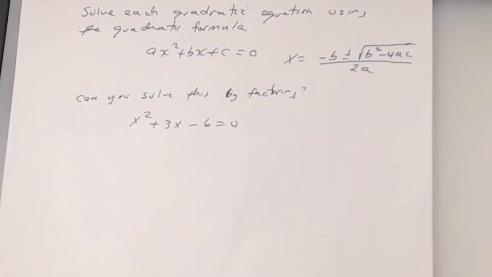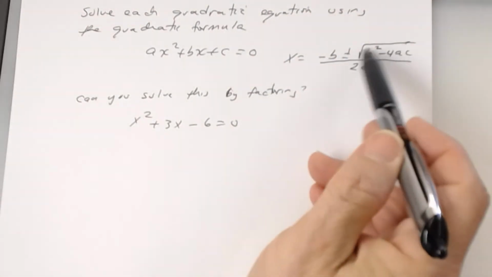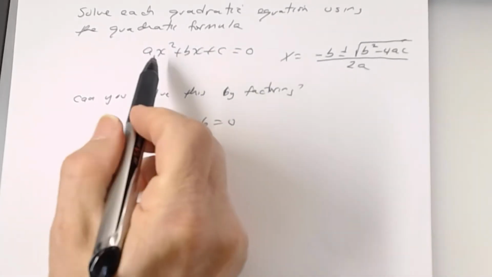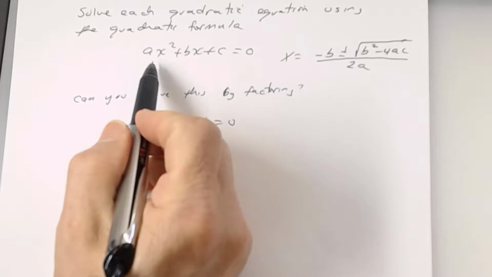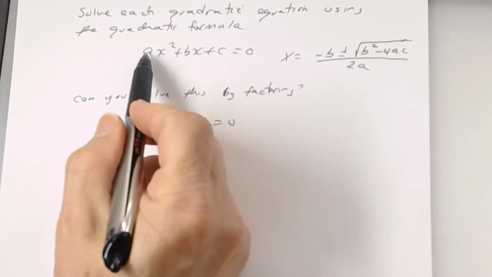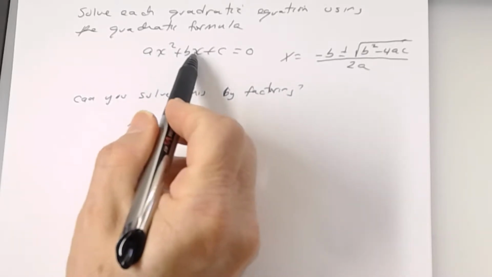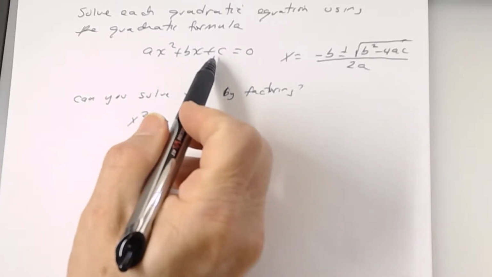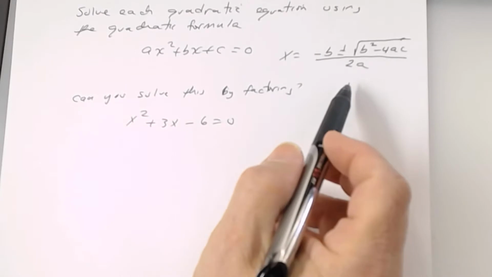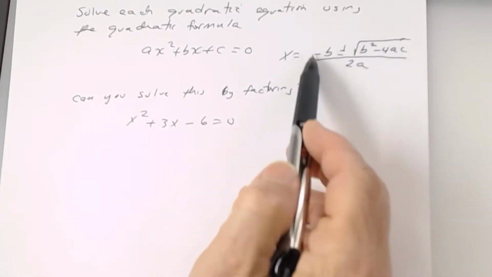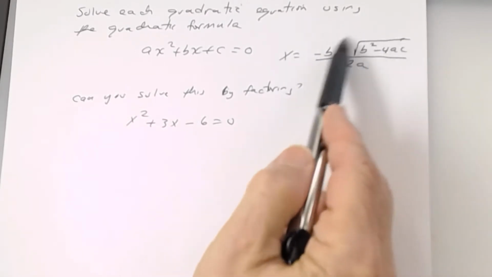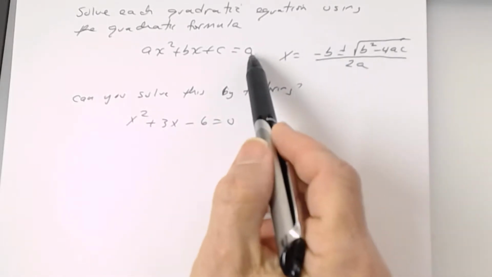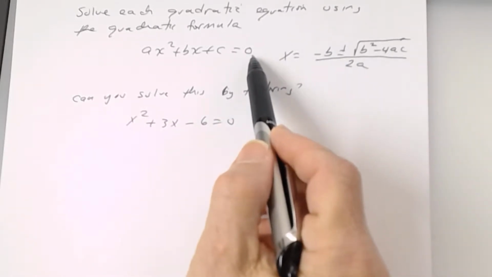Keep in mind that these letters in the formula correspond to these coefficients. The coefficient of x squared is a, the coefficient of x is b, and your constant is c. That's what goes in here. Also keep in mind that you better make sure you have 0 on the other side.